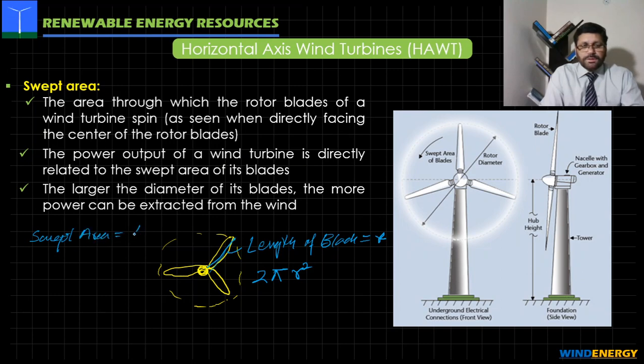Let's suppose the swept area is AS. So we can calculate the swept area of the turbine by this formula if we know the length of the blade. Now the power output of the turbine is directly proportional to the swept area. The more the length of the blade, the more the swept area is going to be, and the more the power output is going to be.